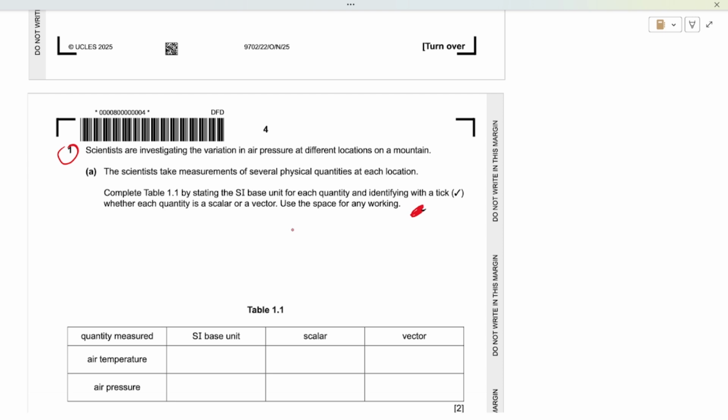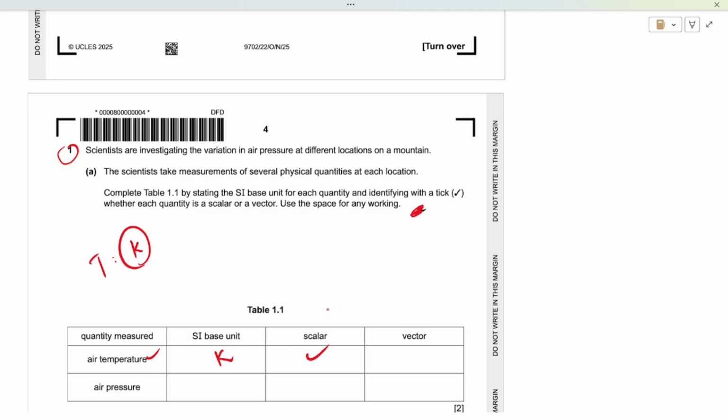First, they have given us air pressure and the temperature. First one is temperature. The SI base unit of temperature is Kelvin, and it is a scalar quantity.